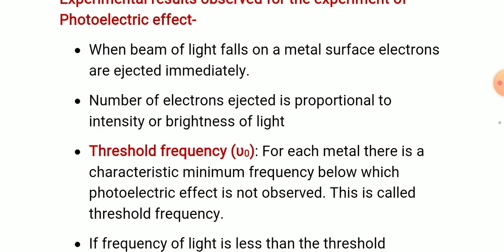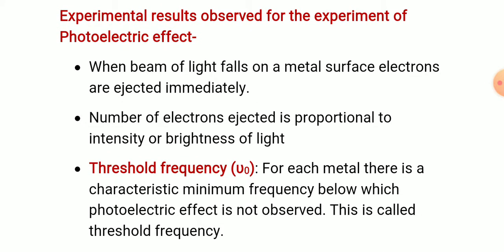Next point, threshold frequency. I have told that you have to shine light on a metal surface to get photoelectrons, but you have to shine light of suitable frequency. For different metals, the value of this suitable frequency is different. So what is the threshold frequency?